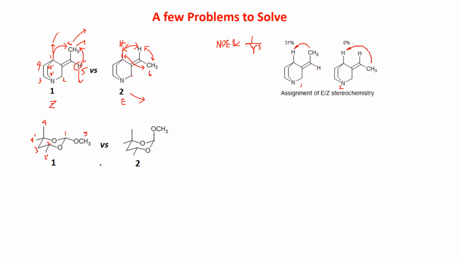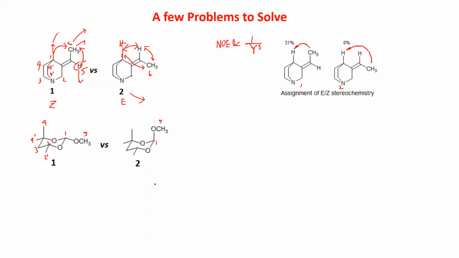Proton and so this is 5, 4. This is 1. It is always better to consider the closest proton.